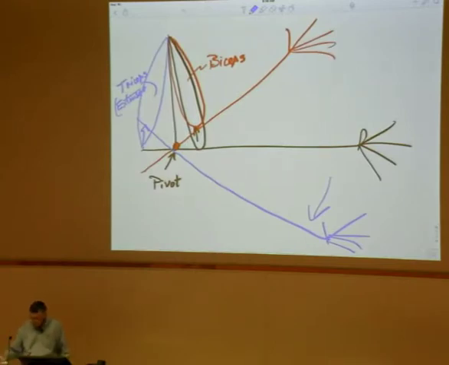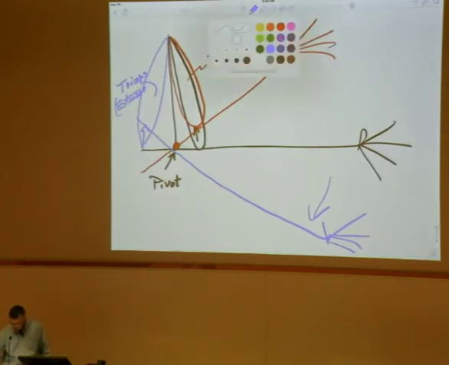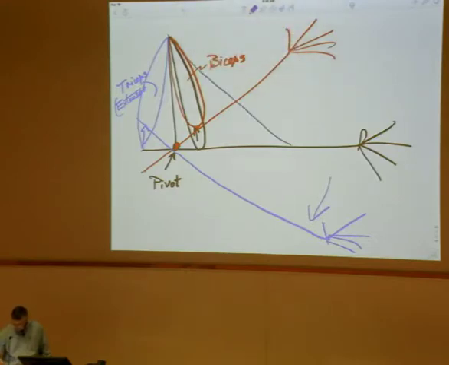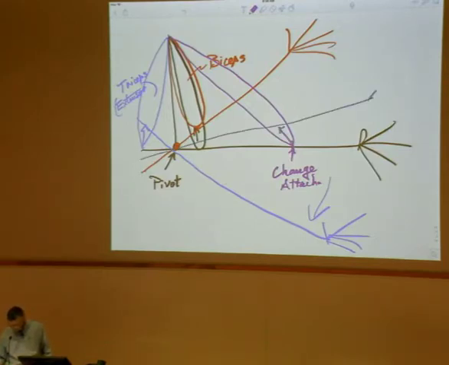I also want you thinking about, does it matter where you attach it? So what if you attach the muscle way out here? So change the attachment, get the same amount of shortening, and you have less distance traveled.